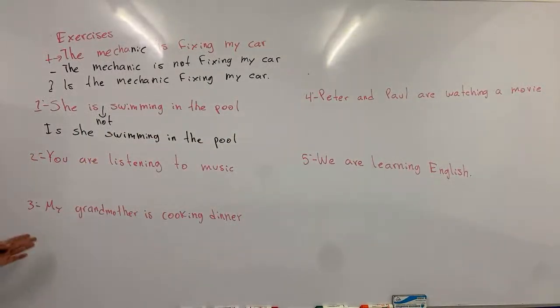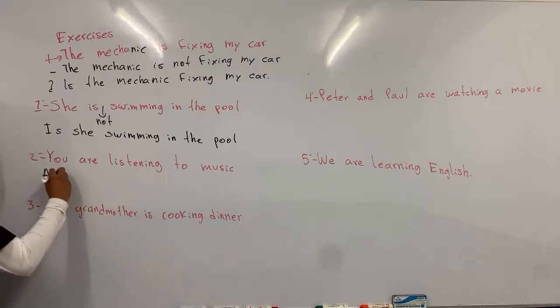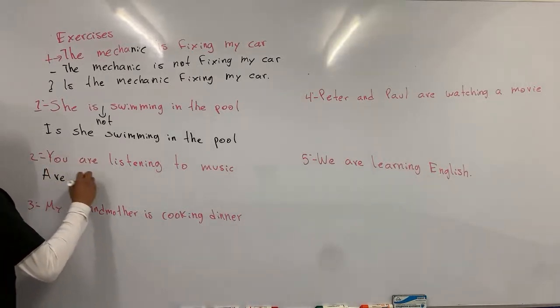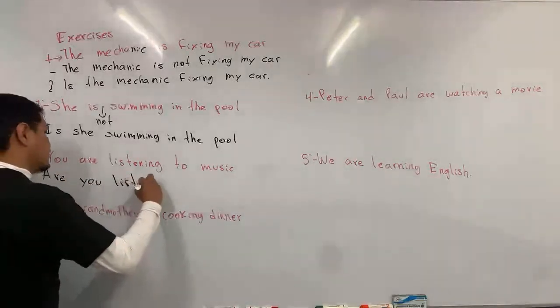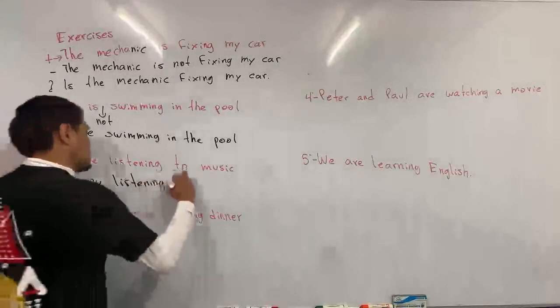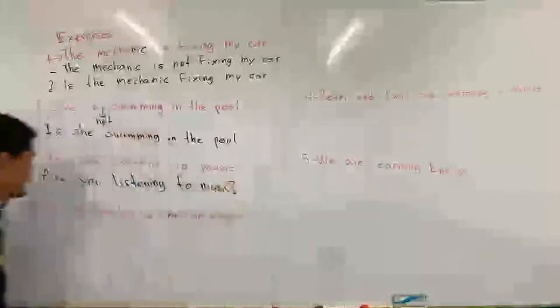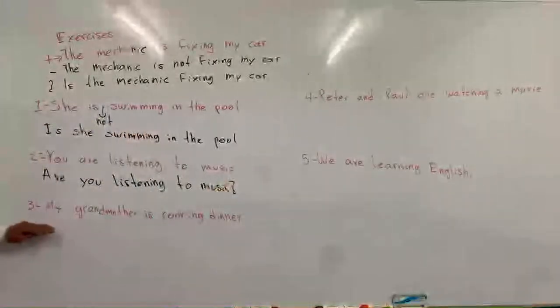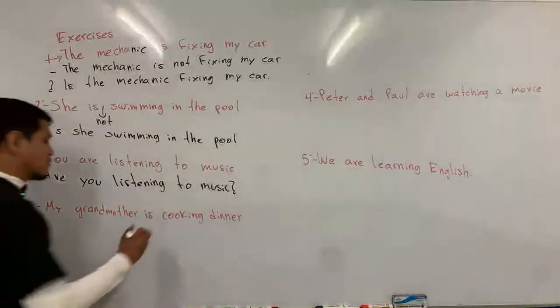The next, you are listening to music. For negative, you are not listening to music. In interrogative, are you listening to music? Switch the words. Are you listening to music? Now, third sentence, my grandmother is cooking dinner. For negative, my grandmother is not cooking dinner.